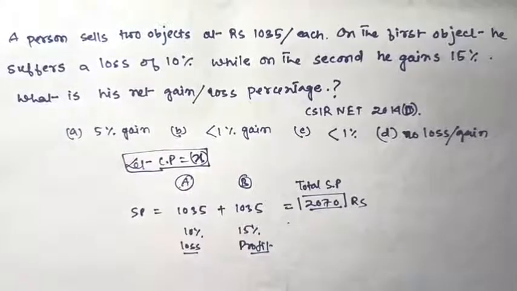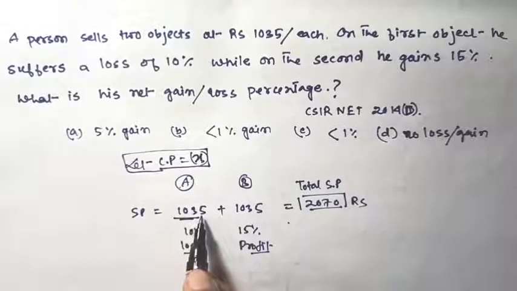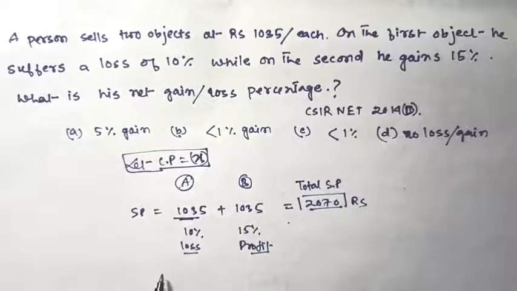In the first case you can write, since you are selling the object at 1035 rupees and suffering a 10% loss, 90% of X equal to 1035.